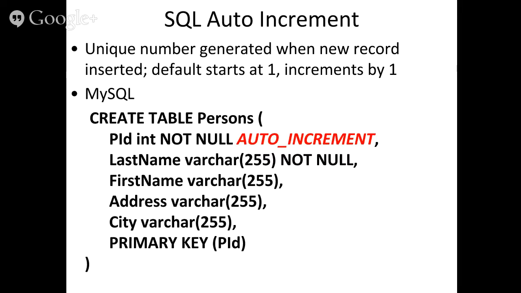So most databases have a mechanism by which we can let the database choose what that primary key is. As long as it's unique, I don't really care what the value is. Oftentimes these are for primary keys that are artificial keys, keys that are there just to make sure they're unique and that they're being referenced by someone else.